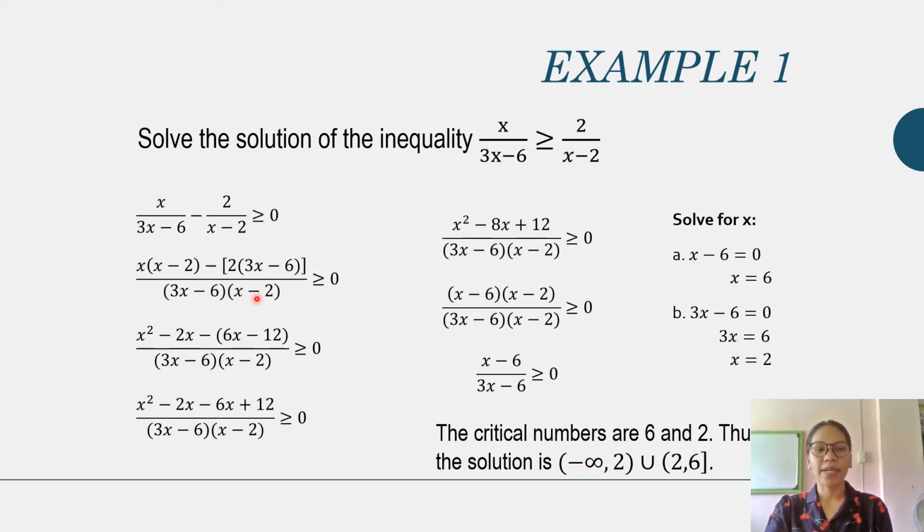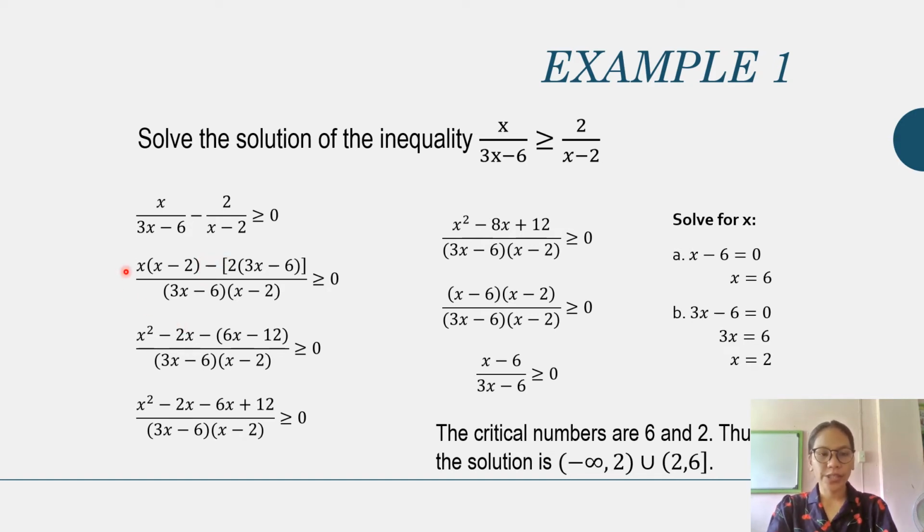Then after that, we're going to get the common denominator. So the common denominator is 3x minus 6 times x minus 2. So we're going to multiply or get the numerator. So we have x times x minus 2 minus, put it in the bracket or parenthesis, 2 times 3x minus 6 since we have a subtraction sign.